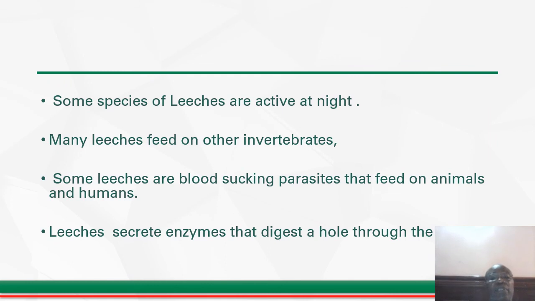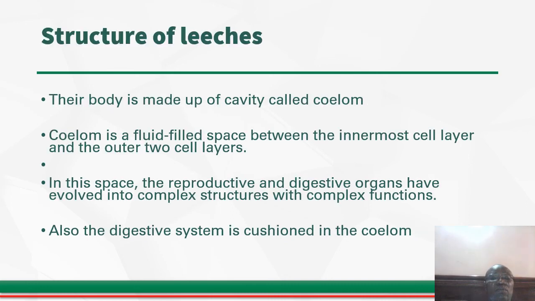Some species of leeches are active at night, that is, they are nocturnal. Many leeches feed on other invertebrates in the environment. Some leeches are blood-sucking parasites that feed on animals and humans. Leeches secrete enzymes that digest a hole through the body of their host.